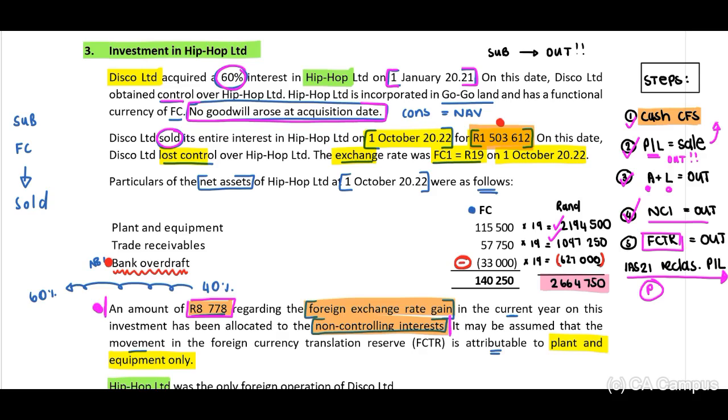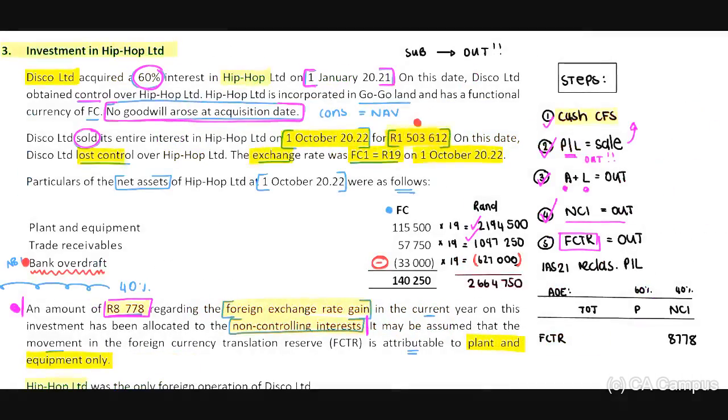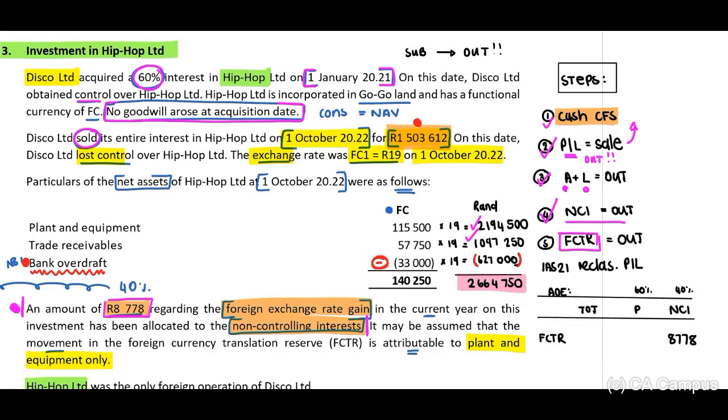Now, what does this mean? If you think about your analysis of owner's equity for me, on the right side, imagine that this is your analysis of owner's equity. Now, they've indicated to us the portion that will be allocated to our NCI will be 8778. Okay, now let's just take this one step back.